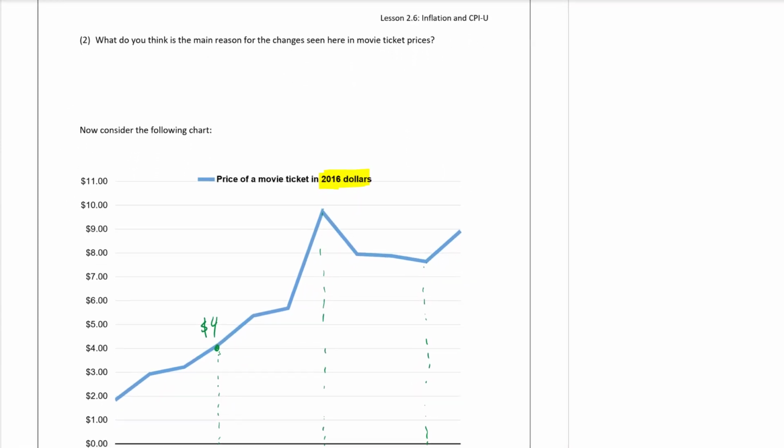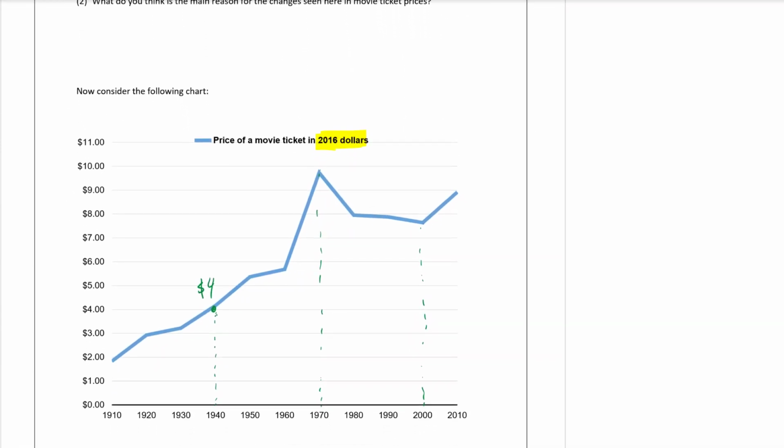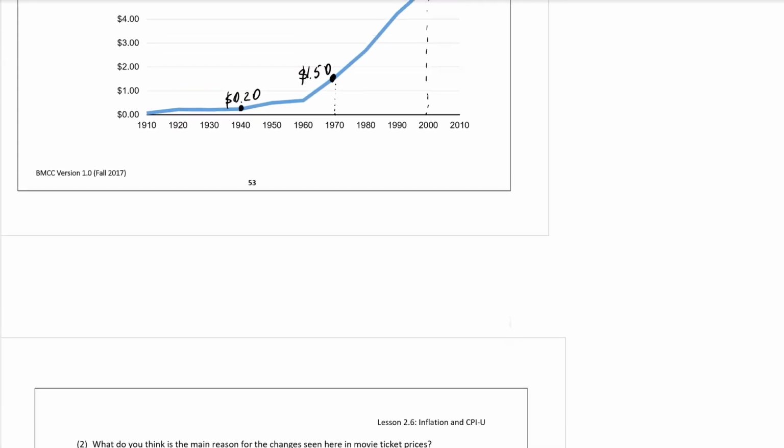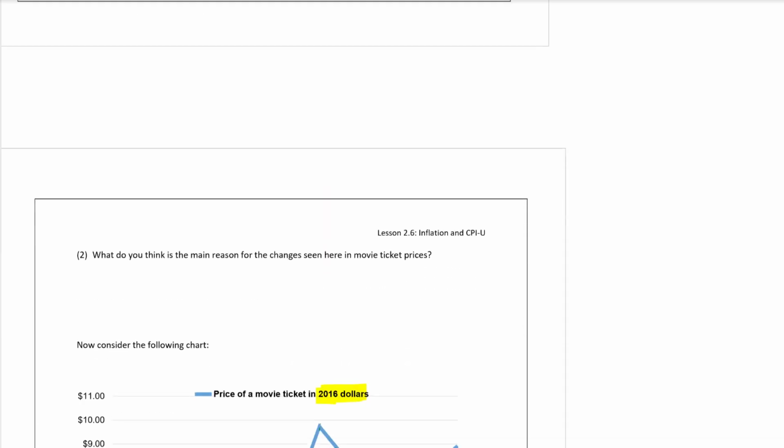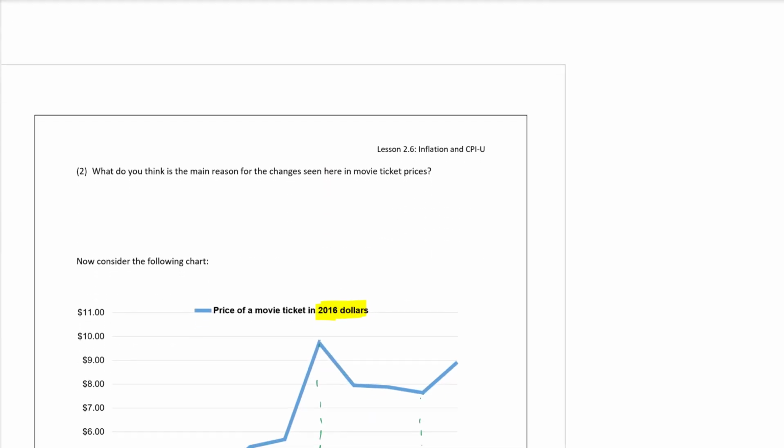But some of you might have said, well, no, 1970 was the most expensive, because if you adjust it to 2016 dollars, whatever it cost in 1970, which was $1.50, in 2016 dollars it's worth almost $10. Again, you might not understand what that really means, but just looking at the chart, you might say, okay, that might be the reason.